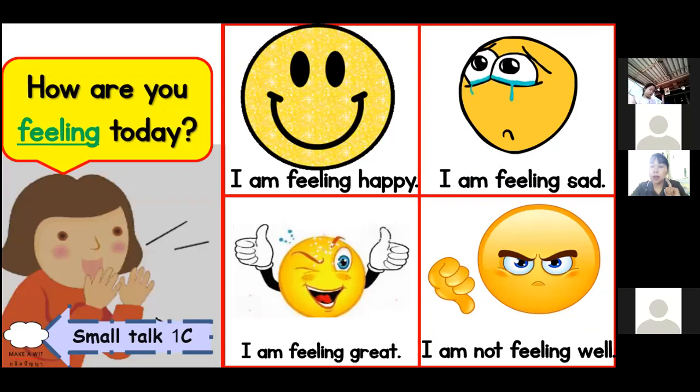Small talk 1C. How are you feeling today? You can say it in many ways, but I will give you 4 examples that people usually use. 1, I am feeling happy.